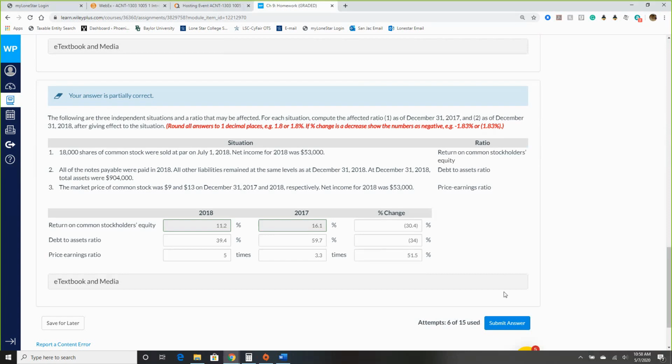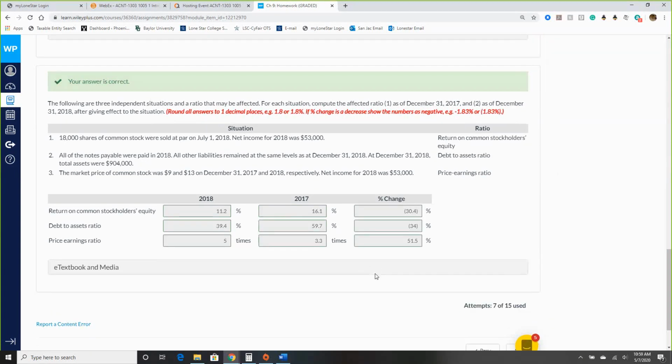Alright. We're going to go ahead and check to see if that's what they were going for in 18. Now, if it is 3 independent situations, again, this number 1 is not going to affect number 3. And that's the case. So number 1 does not affect number 3. We're not counting the extra 18 shares.